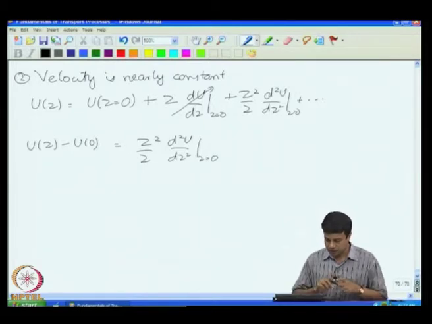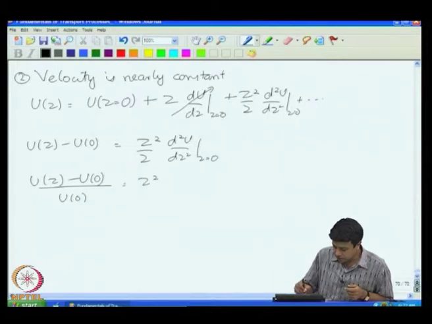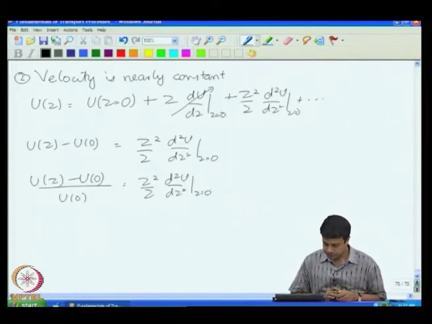Therefore, u of z minus u of 0 divided by u of 0 will be equal to z square by 2 d square u by dz square at z equal to 0. We require the velocity to be a constant over distances of the order of penetration depth.